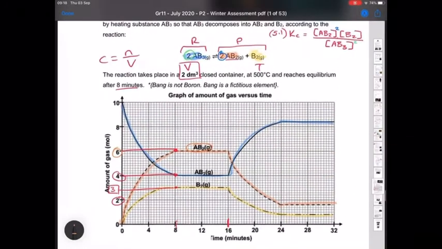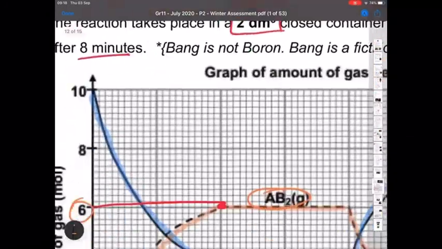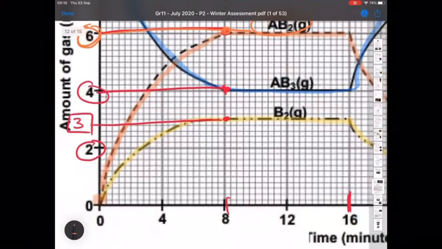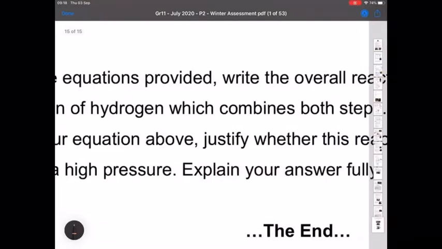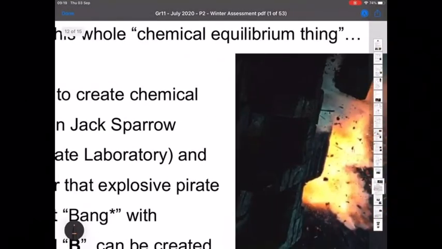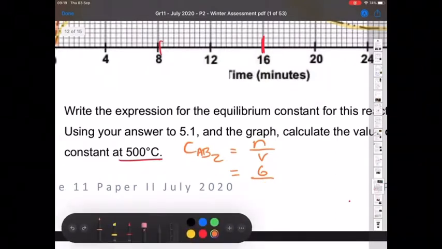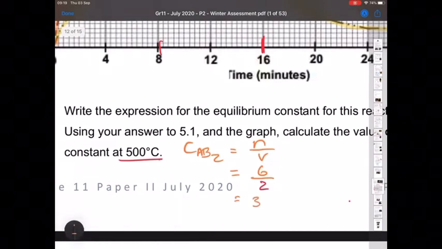The volume was 2 decimeters cubed. And the 6 comes straight from the graph as the concentration of AB2 when the reaction's at equilibrium at 500 degrees between 8 and 16 minutes. Okay, so 6 divided by 2, which is 3. Two is the volume. Units for concentration, you have to give it moles per decimeter cubed.